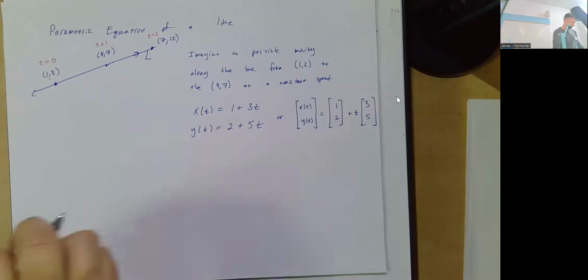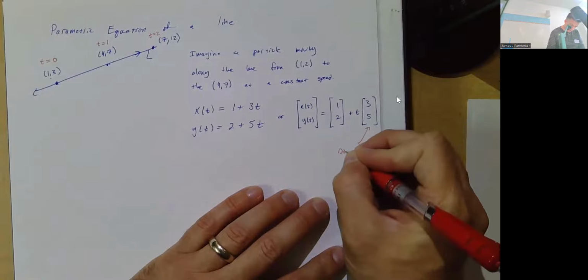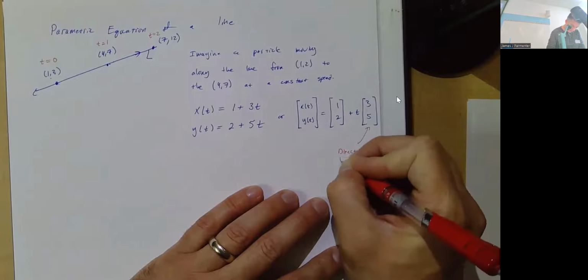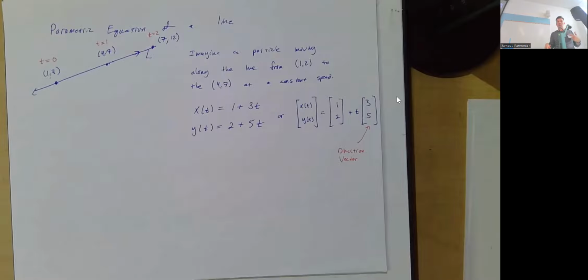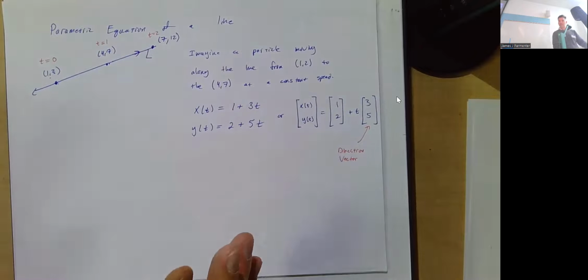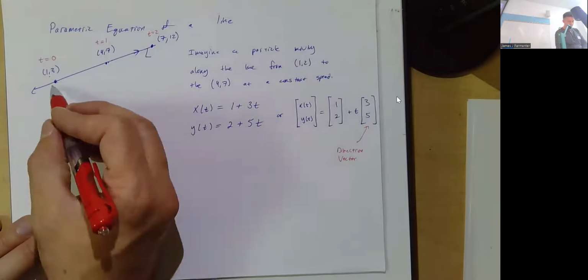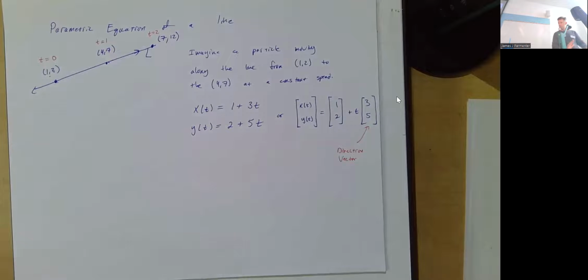And I would point out that (3, 5) is your direction vector. That is telling you what direction the line is going in. Always over 3, up 5, over 3, up 5, over 3, up 5. I know the picture is not perfect because it's weirdly oriented in space.